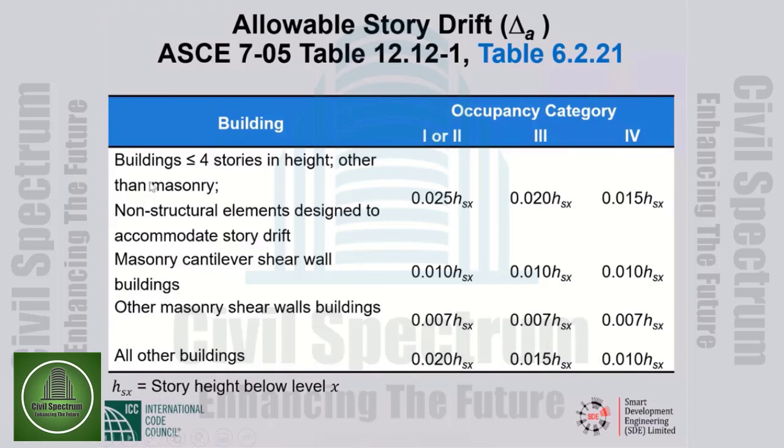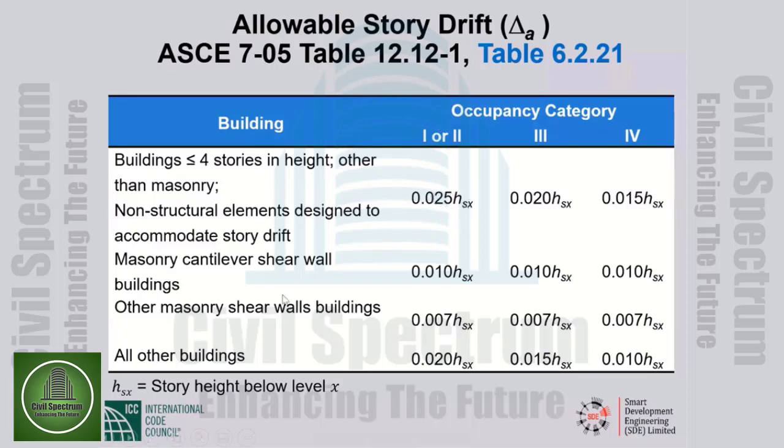The top row says buildings less than or equal to 4 stories in height other than masonry, where the non-structural components are designed to accommodate story drift. Okay? Here you get 2.5% of story height.